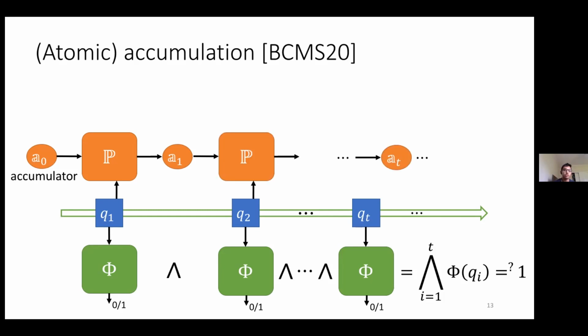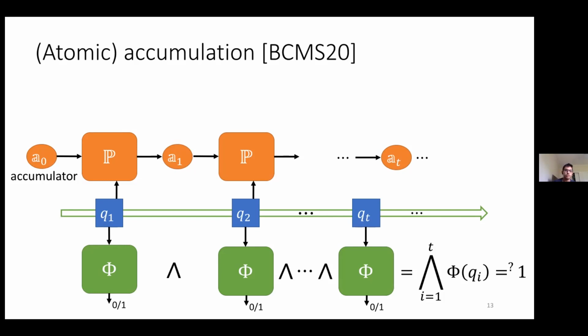And you can continue this over all t time steps, incrementally accumulating the accumulators between steps. So at time step 1, P will accumulate Q2 and A1, and so on and so forth, until at the end you'll accumulate A_{t-1} and Qt to get the final accumulator At. Okay, so this is the accumulation prover.